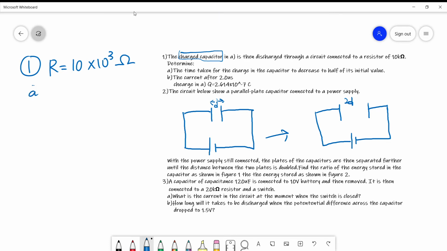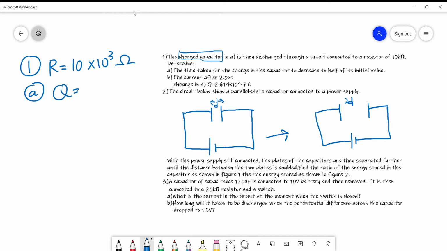So for question A, I'll redo it again, although I have done it in the previous video. Determine the time taken for the charge in the capacitor to decrease to half of its initial value. So this is charge.